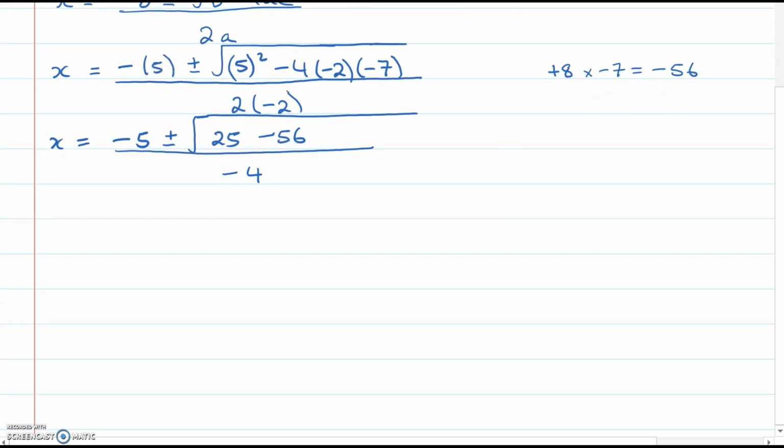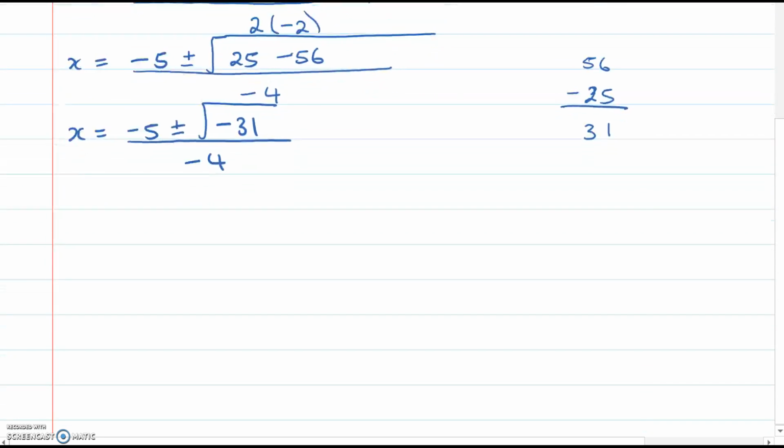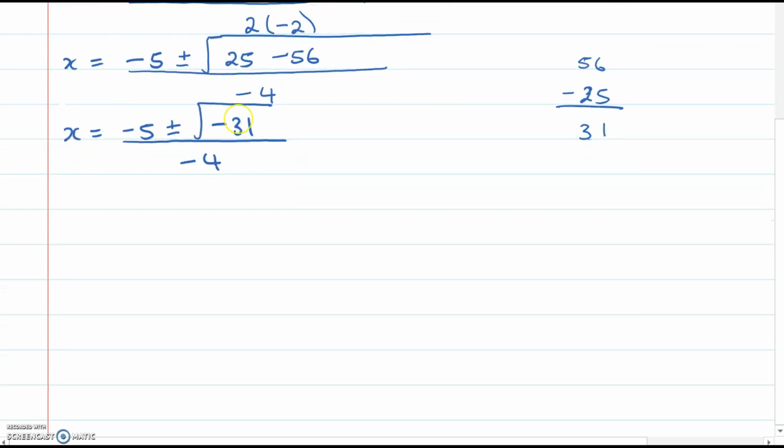Well, that's going to give us X equals minus 5 plus or minus the square root of 25 minus 56. With different signs, so just subtract them. 5 from 6 is 1, 2 from 5 is 3. So it's going to be minus 31, because 56 is bigger. All over minus 4.